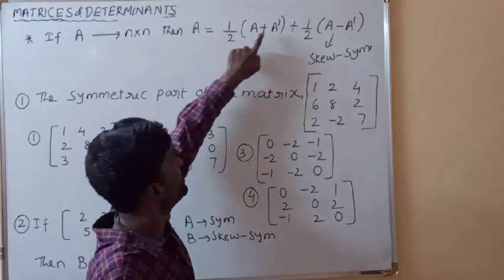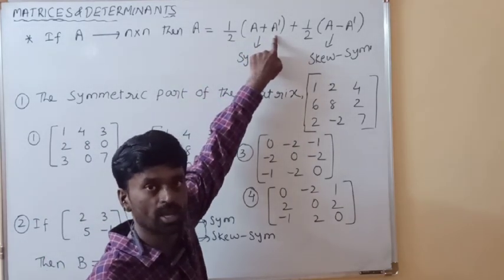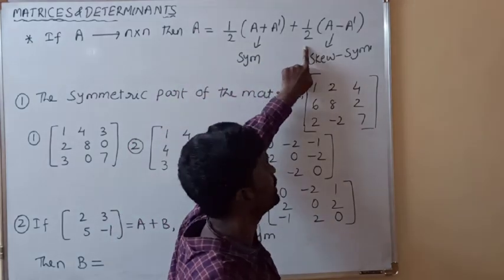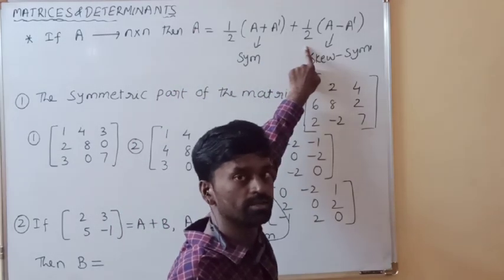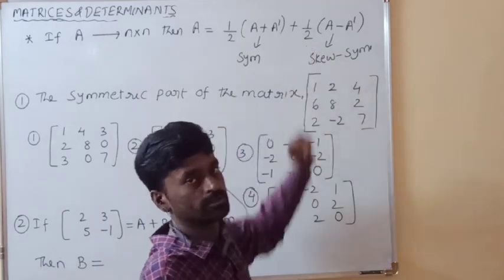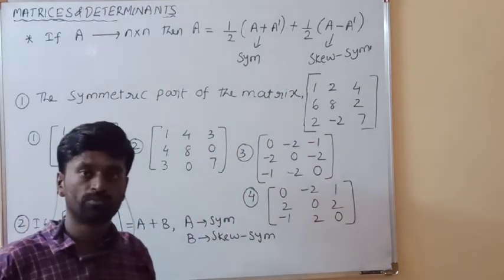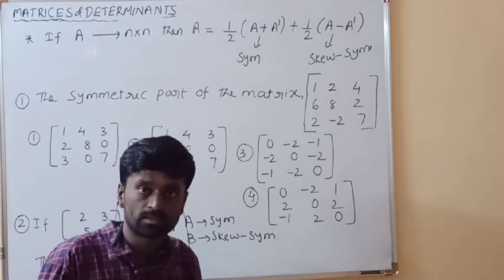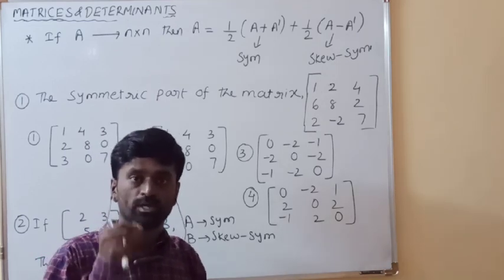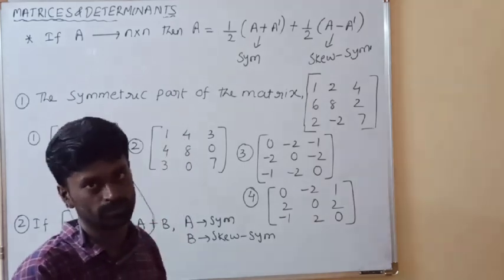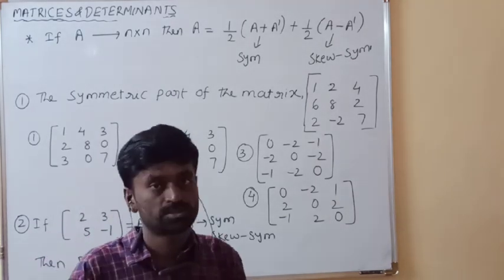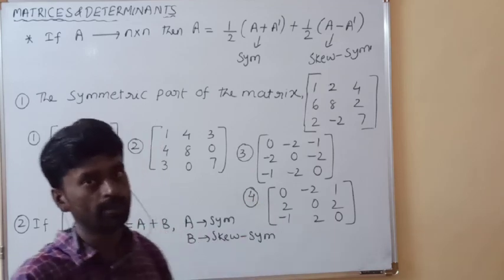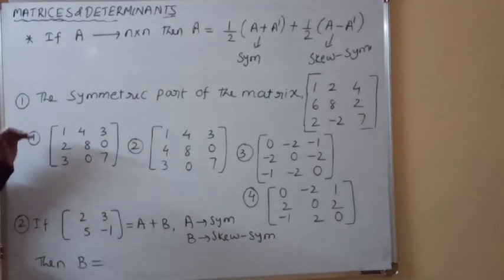Half into A plus A dash, where A dash is A transpose. And the skew symmetric part is half into A minus A dash. So the symmetric part is half into the given matrix plus its transpose, and the skew symmetric part is half into the given matrix minus its transpose. In symmetric, plus transpose. In skew symmetric, minus transpose. Just remember that.